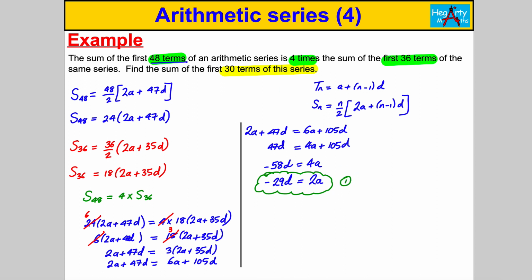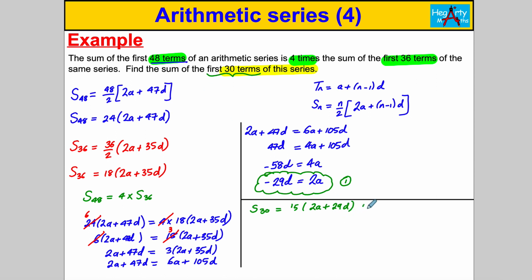Now, sometimes with these questions, you don't know where you're always going with this. You're just using the facts you're given and seeing if in the end it all comes out okay in the wash. What were we asked for in this question? Let's just take a second to remind ourselves. We were asked for the first 30 terms, i.e. S30. And S30, putting n is 30 into this formula, is going to be 30 divided by 2, which is 15, 2a plus 29d.